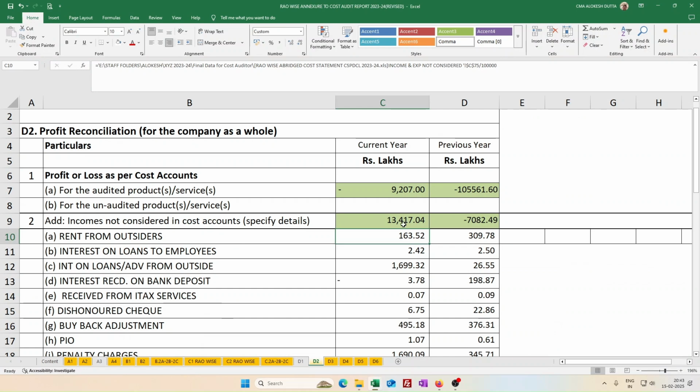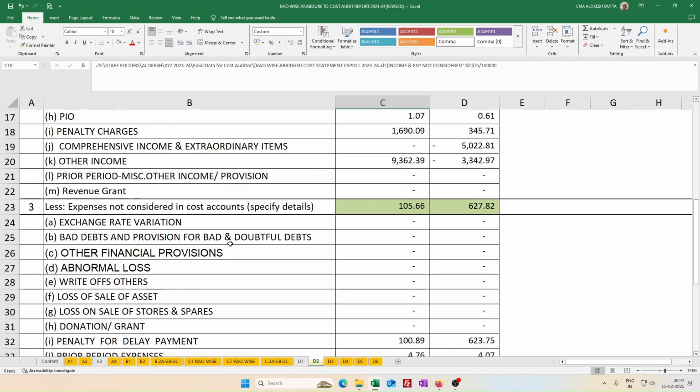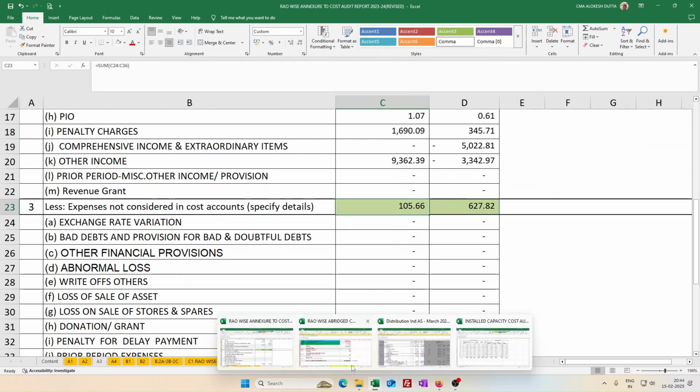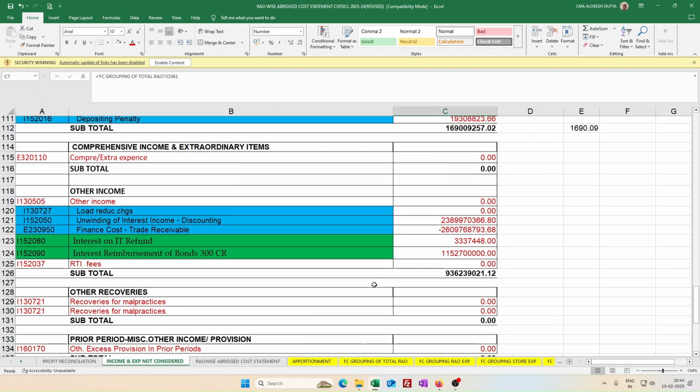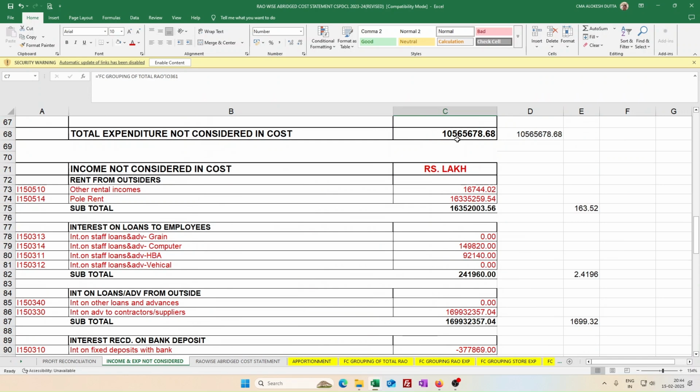It is in lakhs, that is in full figure. So it is linked from that file, and in this way expenses not considered in the accounts 105.66.